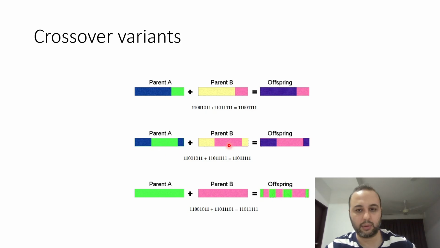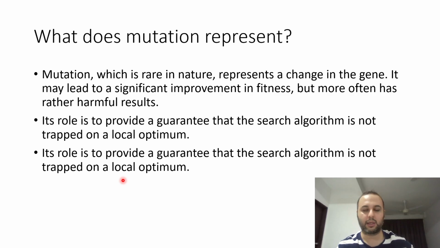And same in here, the pink is replaced by the black, green. See? Okay. So as we were discussing, mutation gives the algorithm a chance to have diversity.